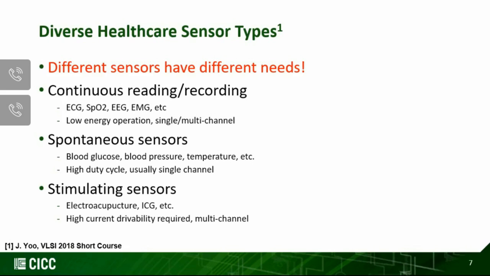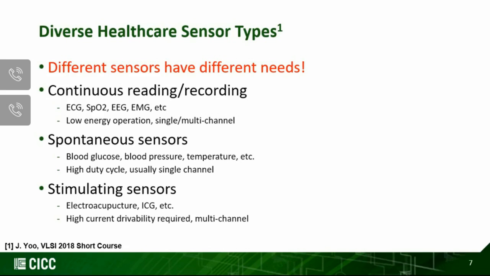These sensors require low energy operation because it's continuous 24/7, and single or multi-channel recording is required. The second type of sensors are spontaneous. When I say spontaneous, you don't necessarily need to monitor 24/7 for every second, but you can do it several times a day, such as blood glucose, blood pressure, body temperature, and so forth.